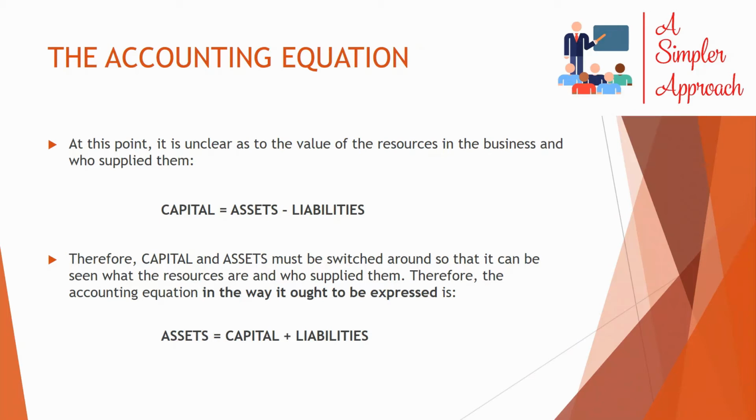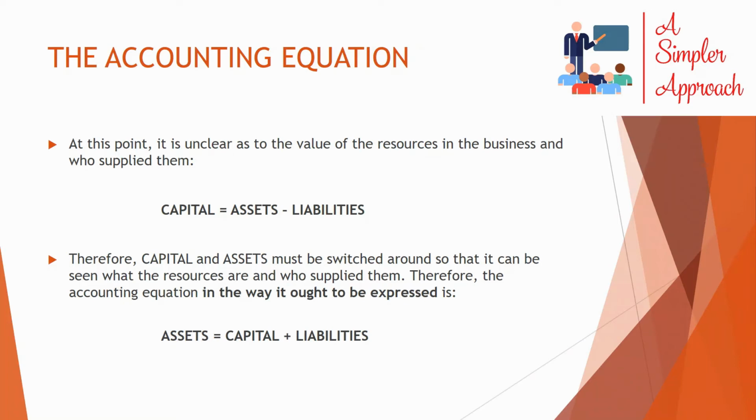Now, when it is expressed like this, you can clearly see there are assets in the entity. Where did these assets come from? They came from capital plus liabilities. Additionally, it's an equation, which means the assets of the entity must be equal to its capital and its liabilities.